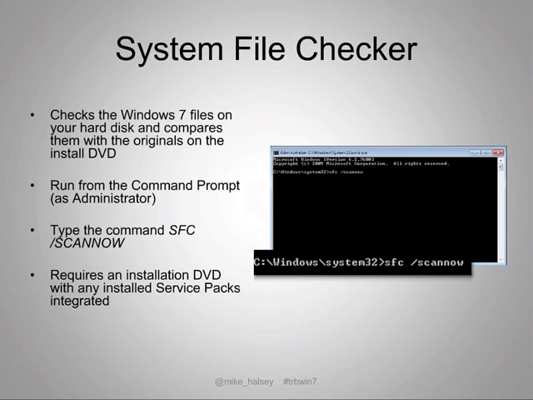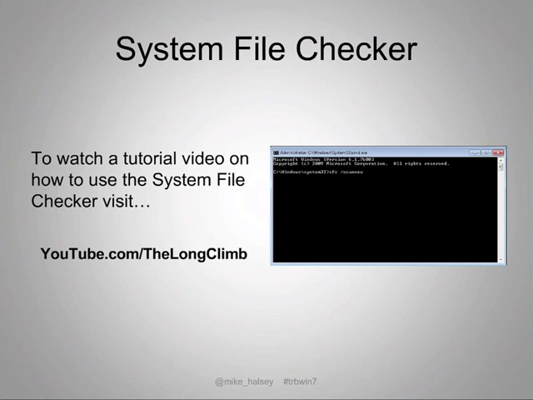There are other tutorials there on how you can create, for instance, a USB pen drive with every single version of Windows on it, every single edition, and the 32 and 64-bit ones. So there's a series of tutorials there, but there's one where all the information you need about integrating a service pack into your Windows 7 DVD is there. And again, on YouTube, I've got a video on how to use the system file checker.